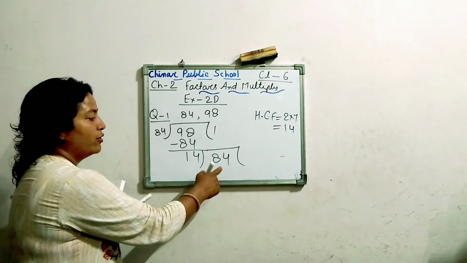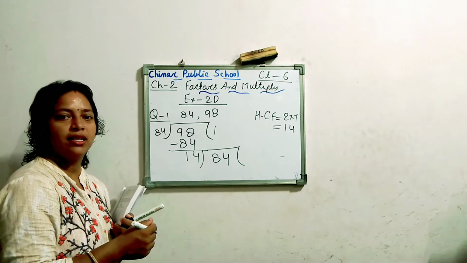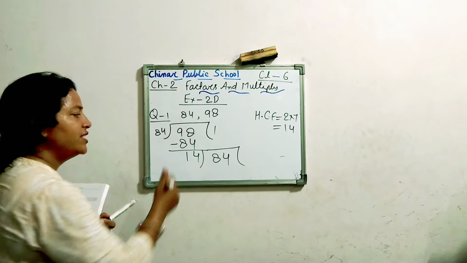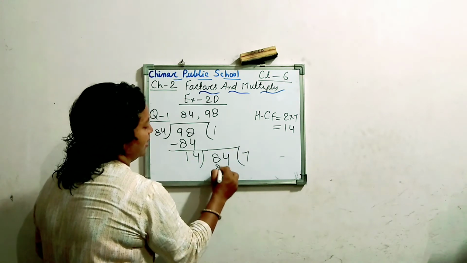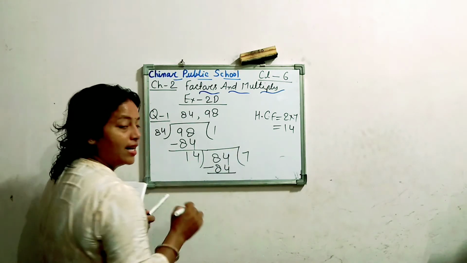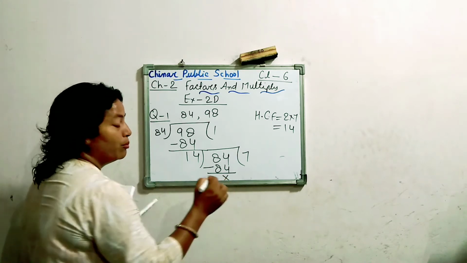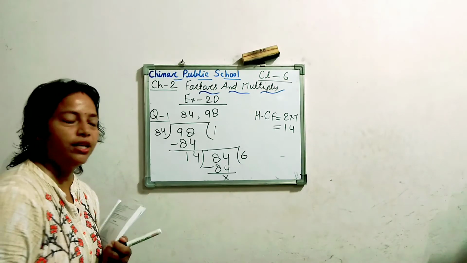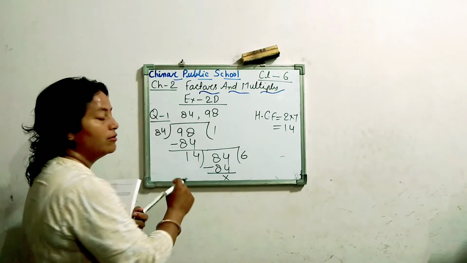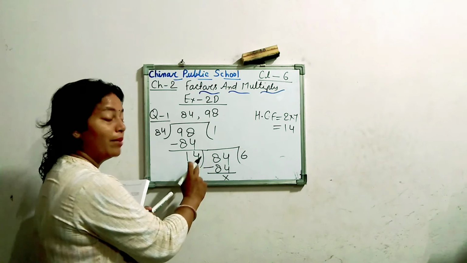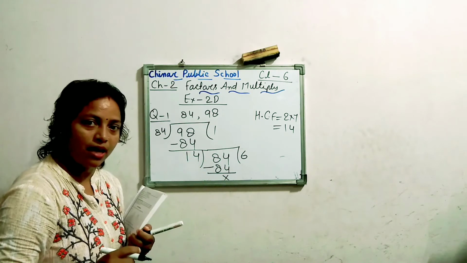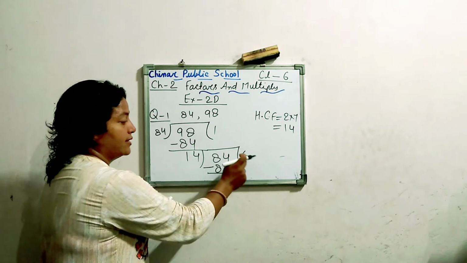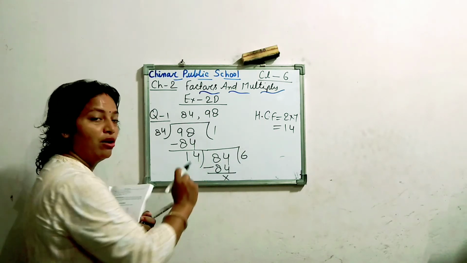Do you know how many times 84 comes in the table of 14? 14 1s are 14, 14 7s are 84. Is there any remainder? No. Look here, when we use the table of 14, 84 is a multiple of 14, and it comes 6 times in the table of 14.